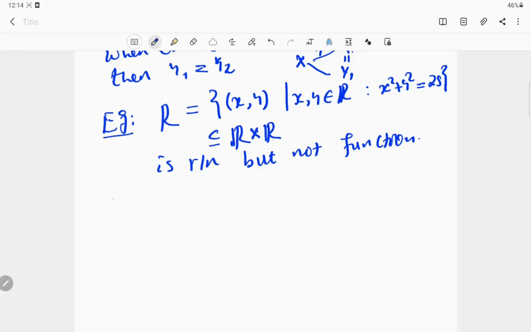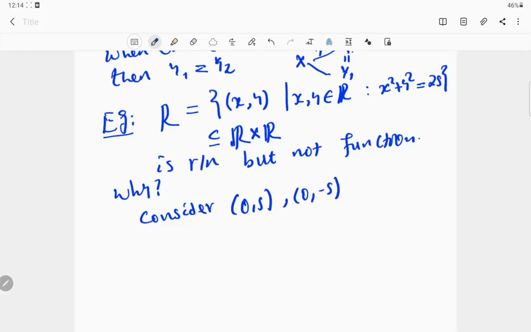Why? Let's consider two elements here. Let's have (0, 5) and (0, -5).